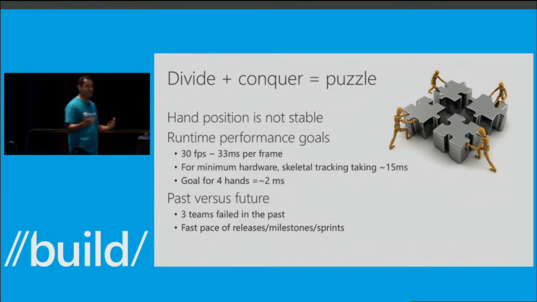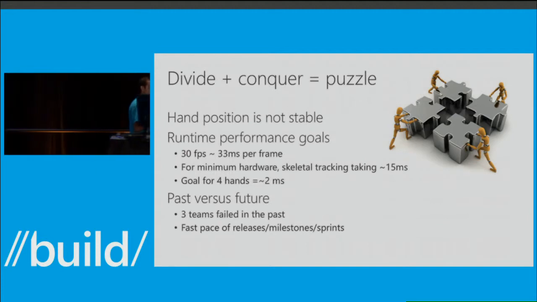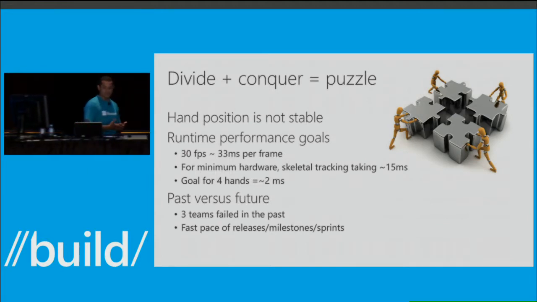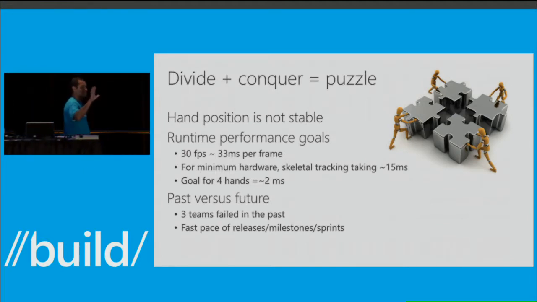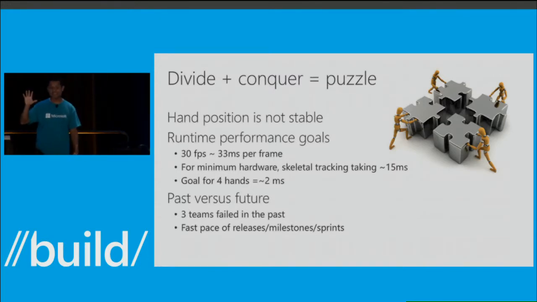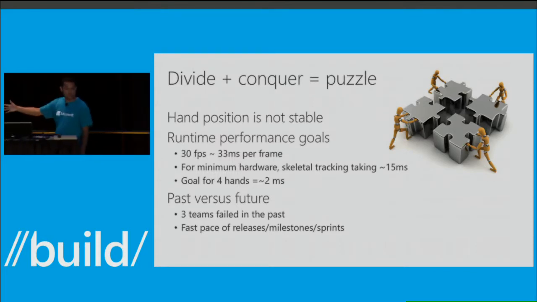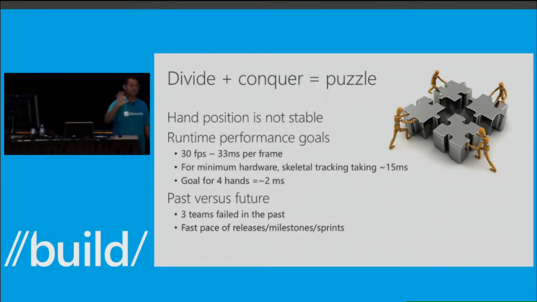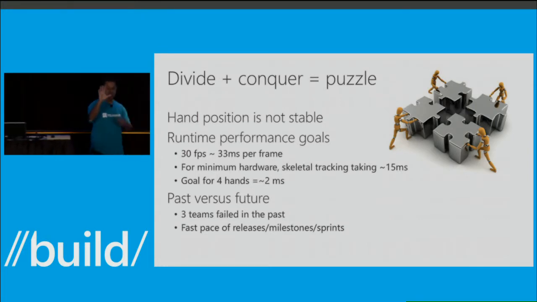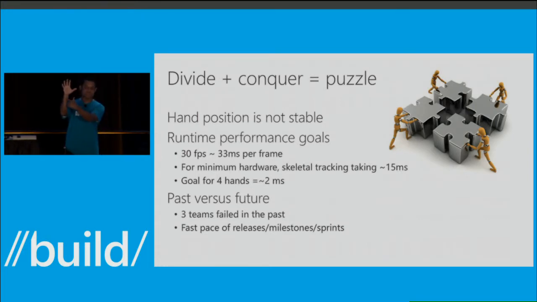So the basic thing it is, we did live preview, and the first thing we noticed is the hand position from the Kinect for Windows SDK is not stable enough. So I'll not talk a lot about this here, but there is one slide about this. We needed to solve this problem. We cannot find the hand state if the skeletal tracking is telling me that the hand is here.